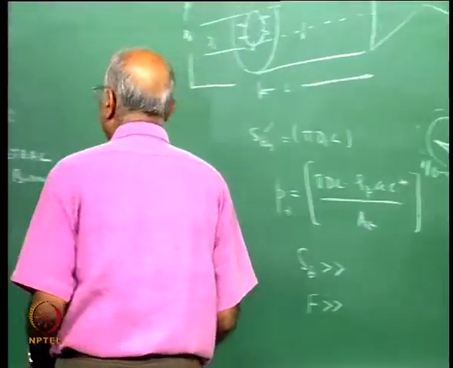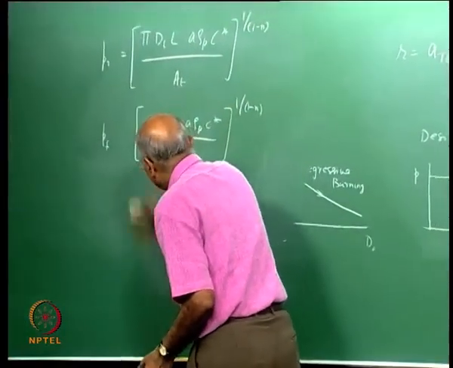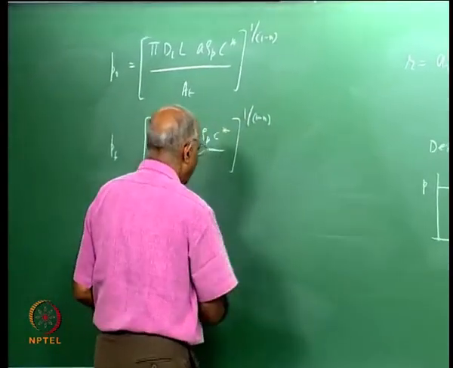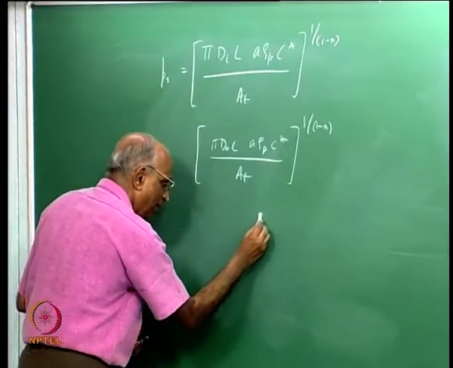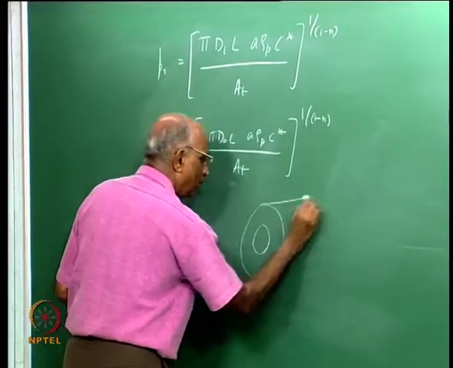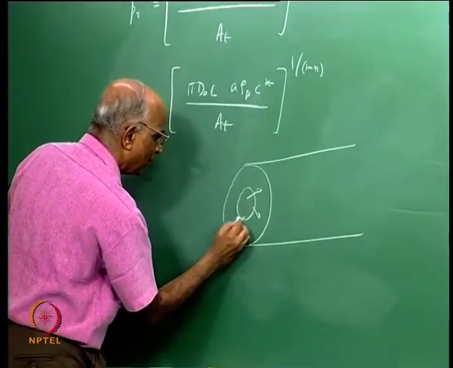Let us find out the time taken for a cylindrical grain. What do I mean by a cylindrical grain? The first example: I have the end like this, I make a hole here, I have internal burning, and it burns through like this.